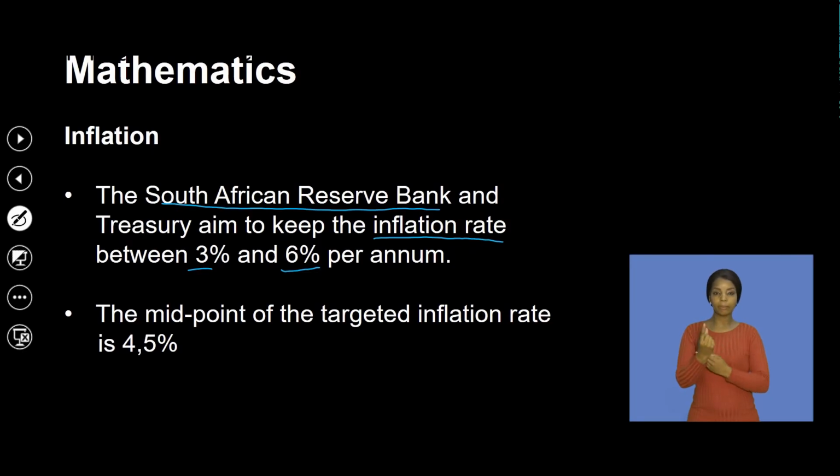Now also the midpoint of the targeted inflation rate is normally 4.5, right? So when you're sitting at 4.5, you're roughly a bit safe in terms of the price staying at whatever it is at the time.